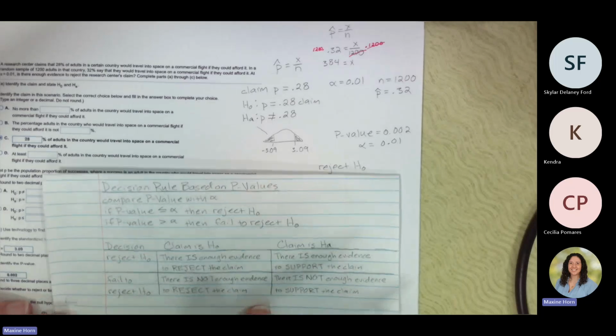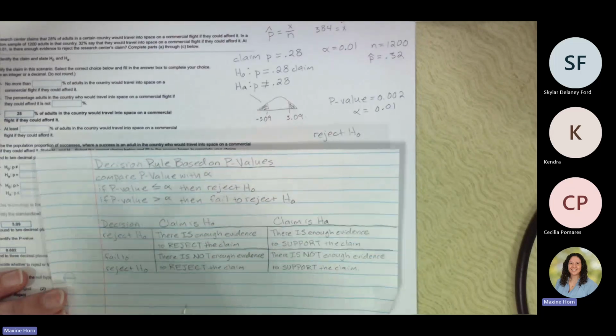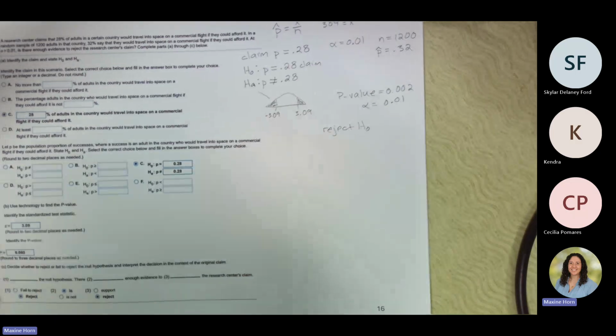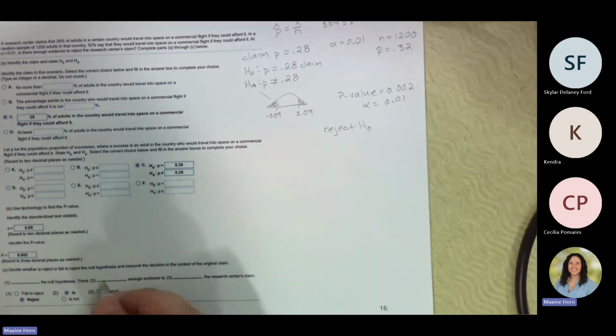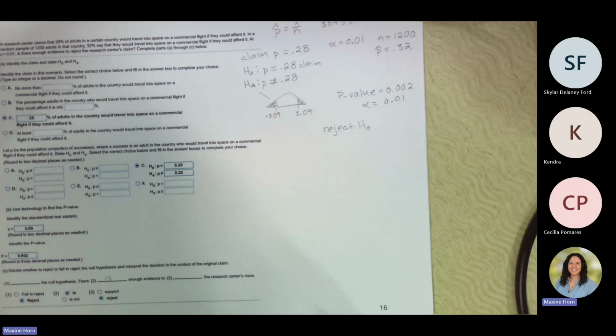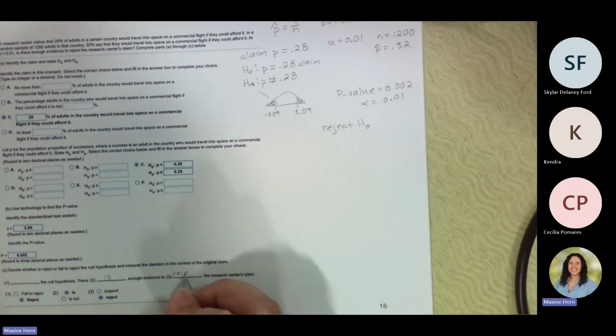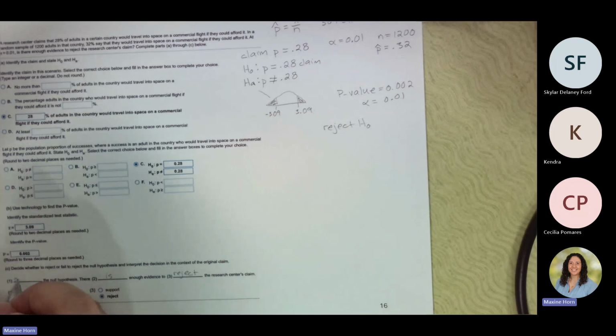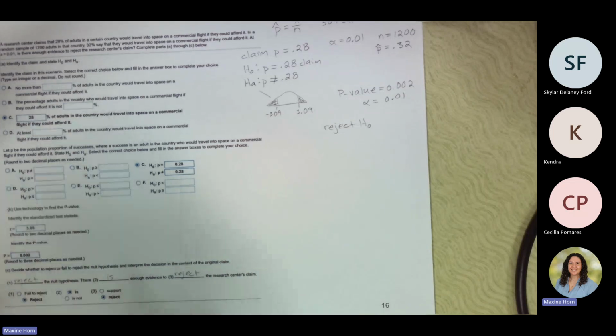So I go to my table and I say, I'm rejecting the null and my claim is the null. Where those two intersect is that there is enough evidence to reject the claim. Also, we just said we rejected the null hypothesis.